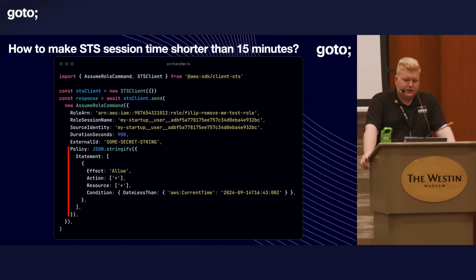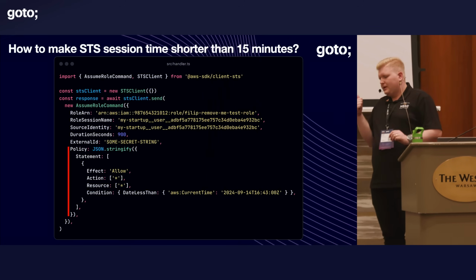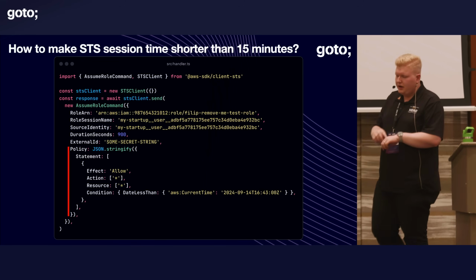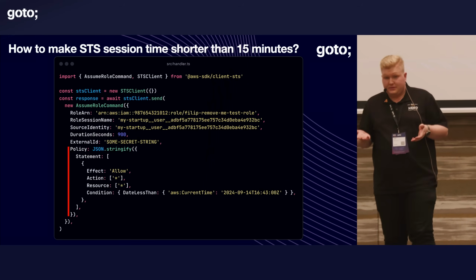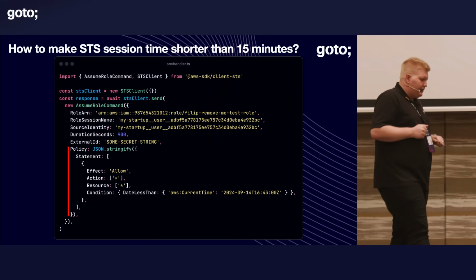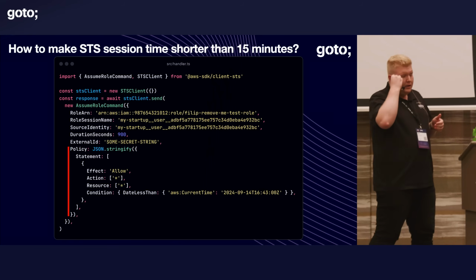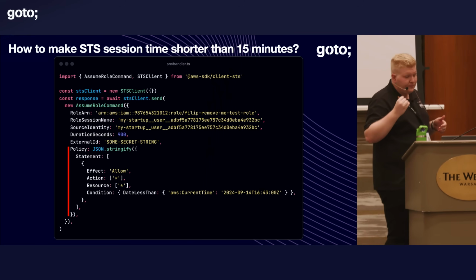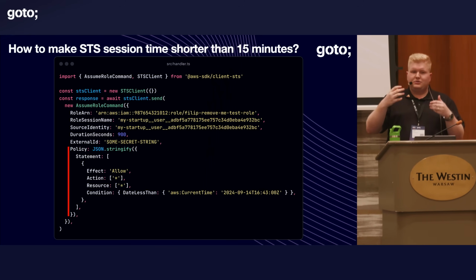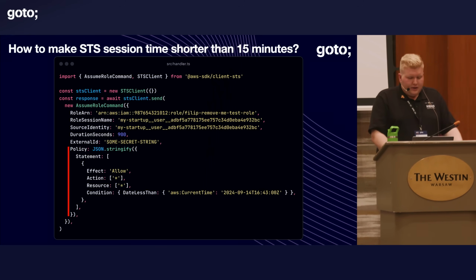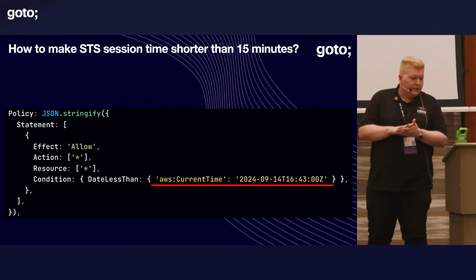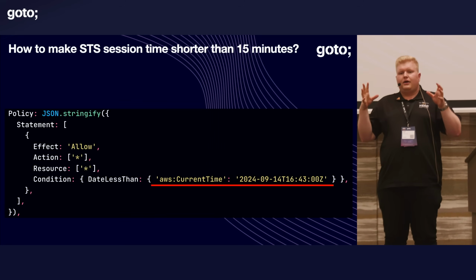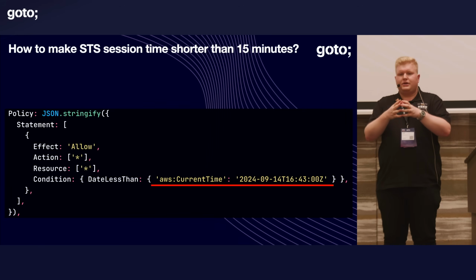There's also this trick. The minimum length of the credentials is 15 minutes. And usually, you might want to minimize this. So there's a way how to do this in IAM. You can define a policy while assuming the role, with which you can cut the permissions even more.